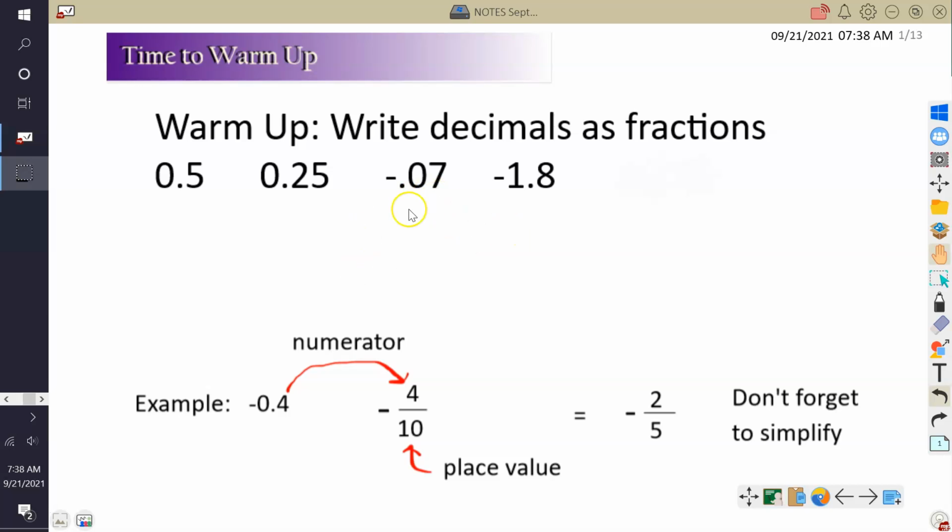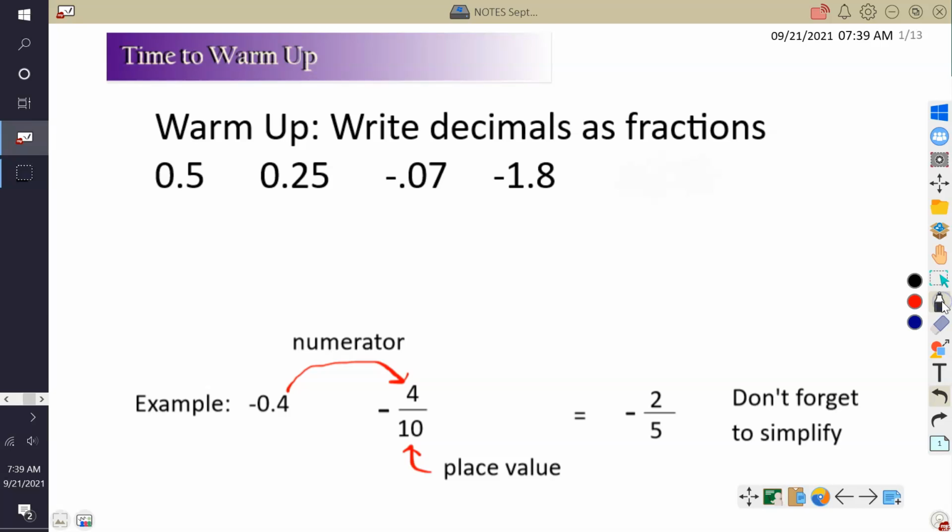But how do we change 7/100ths into a fraction? Well, we do it the same way we change 4/10ths into a fraction. The 4 is the numerator, and the tenths, the place value, is the denominator. That's it, 4/10ths. There's our fraction right there. Pretty easy. And then, of course, we can simplify 4 and 10 by dividing both of those by 2.